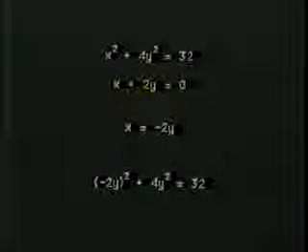First of all, I take the second equation and solve it for x. Then I substitute that x value back into the first equation, the quadratic equation. By doing that, it turns out that I get a nice simple equation for y.